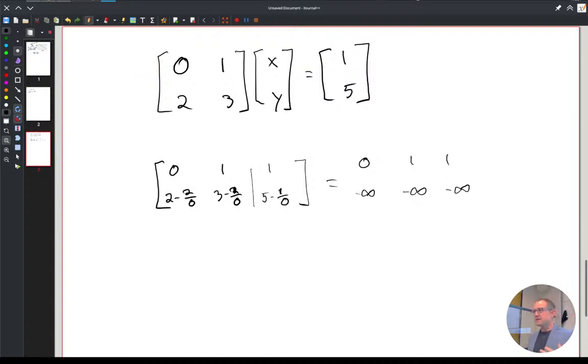But a much easier way to solve this is just, there was no reason that this had to be equation 1 and this had to be equation 2. So let's do some partial pivoting.